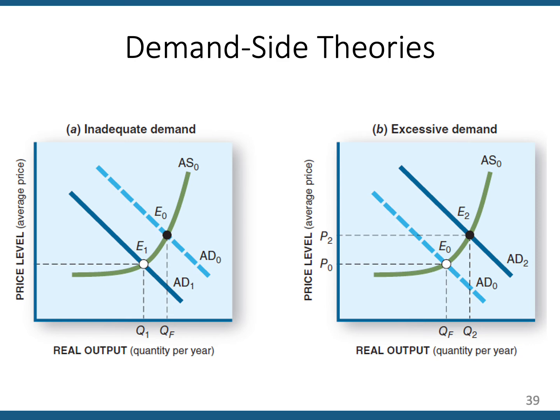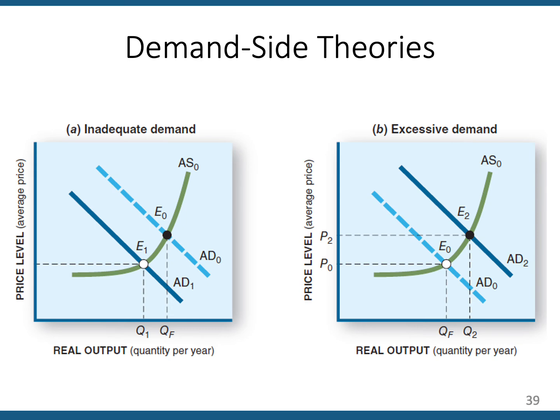Something happens in the economy and the aggregate demand curve shifts to the left, and we end up at intersection point capital E sub 1. Now follow that down to the x-axis. Now we are producing less than the full employment level of output. If our goal is to get back to Q sub F, we need to take action to shift that aggregate demand curve back to the right.